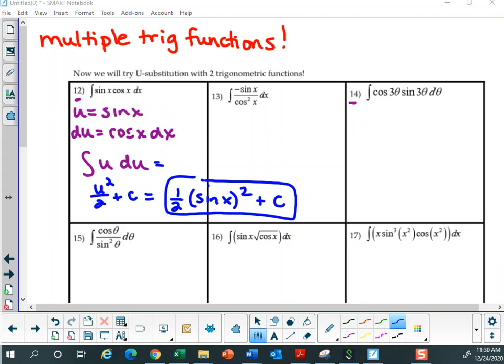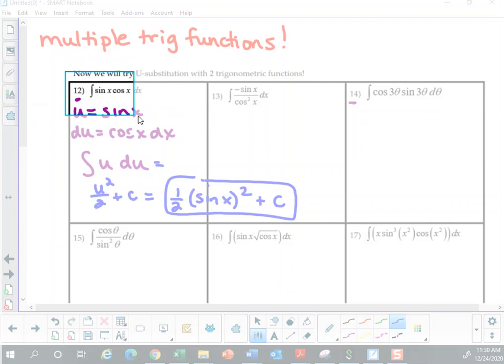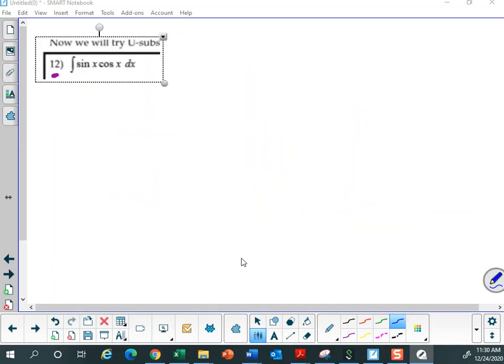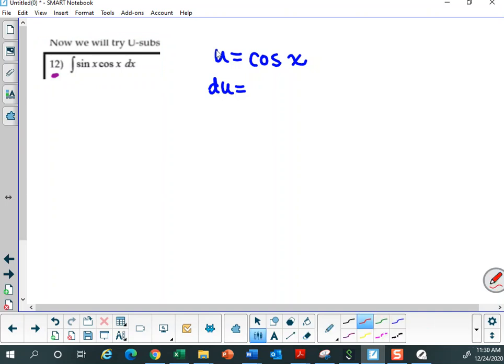A second approach, if I take the exact same problem and I let u be cosine x, which would mean that du, and this might be where we want to write our little chart, sine, cosine, negative sine, negative cosine, sine. If I'm starting with a cosine and I'm taking the derivative, it would be negative sine x dx.